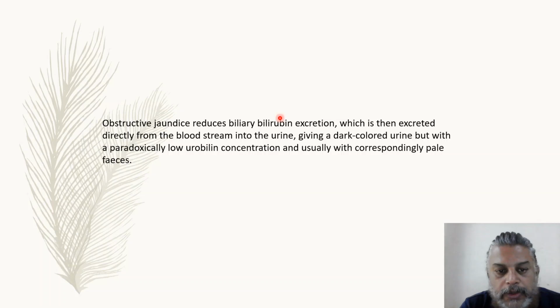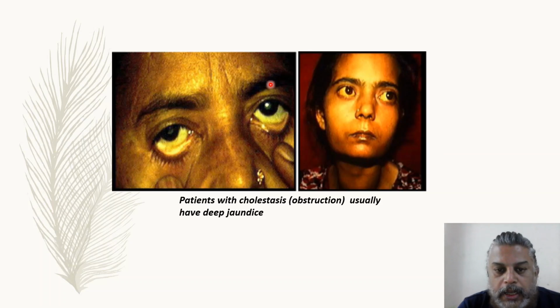Similarly, obstructive jaundice reduces bilirubin excretion into the gut, so it is excreted directly from the bloodstream into the urine, giving a dark colored urine but with paradoxically low urobilin concentration, and usually with corresponding pale feces. This is the sclera in obstructive jaundice. Normally, the bilirubin is very high in obstructive jaundice, and the color of the sclera is orange.